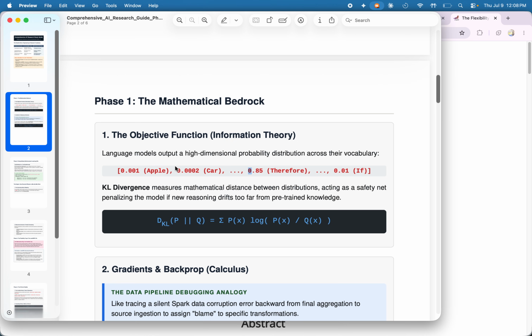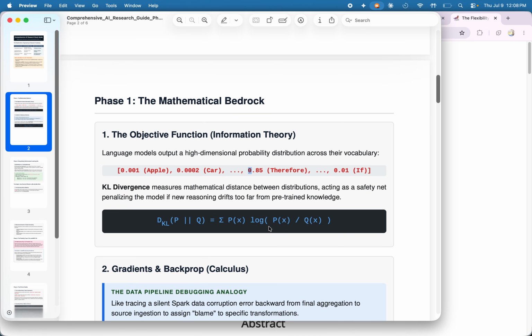So the actual weight will get updated a bit towards the likely word, and less towards apple or car. Here we also use KL divergence, a mathematical distance between distributions, because we don't want to update the weight too much. That's where KL divergence comes in, to make sure it's not updated too much.